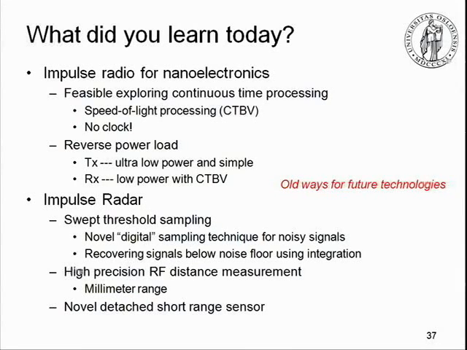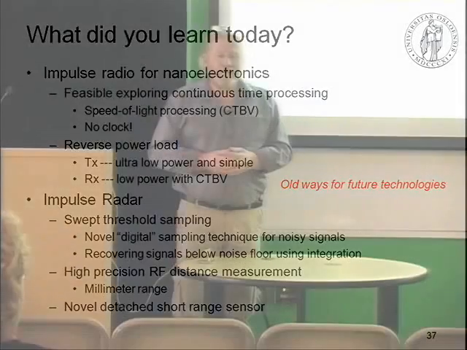And as I demoed for you here, with these new techniques, we're also able to make this threshold sampling, which can be used for RF distance measurements, one of the achievements of this kind of technology. And I expect these sensing things to be useful for these devices. All right, I think that's about it. Thank you.